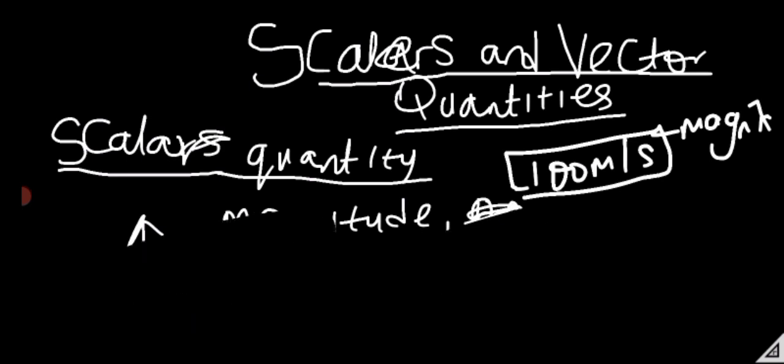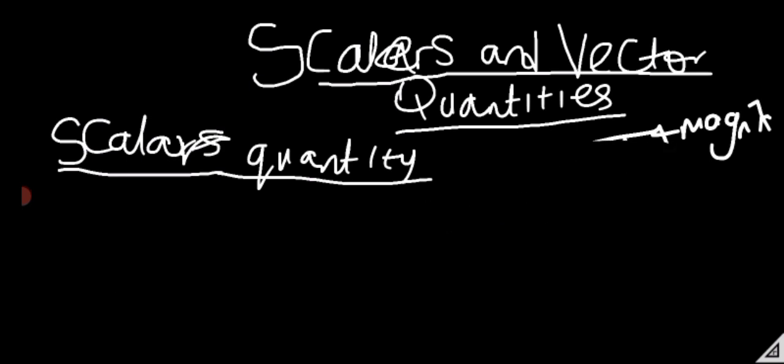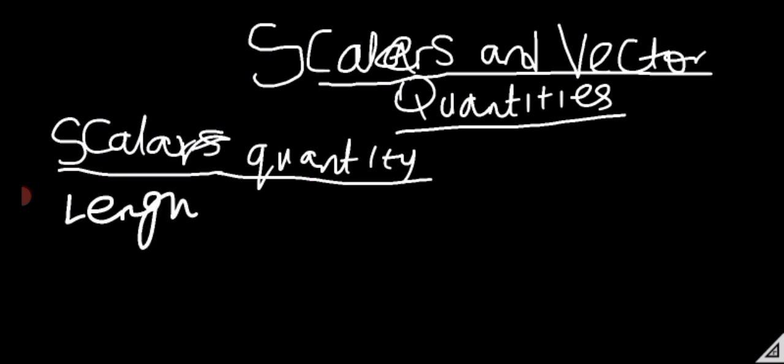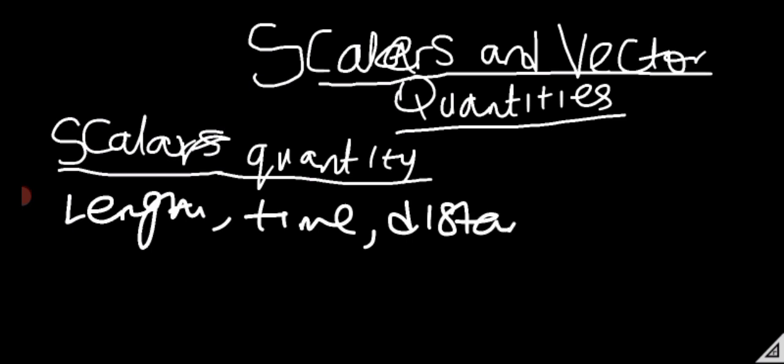Now let's go to vector quantity. But before we go to vector quantity, still on scalar, let's talk about examples of scalar quantity. Examples of scalar quantity are length, time in physics, O-level physics, distance, mass.